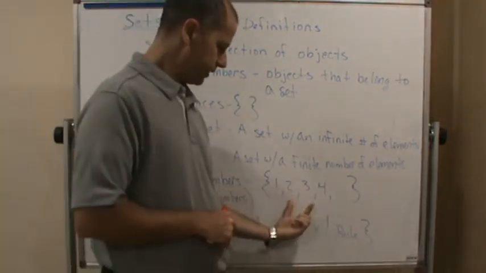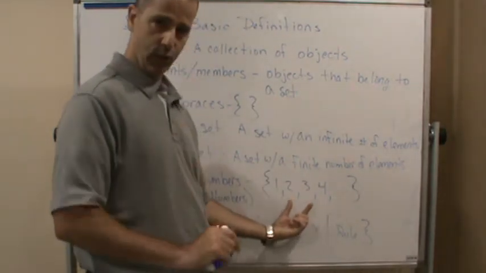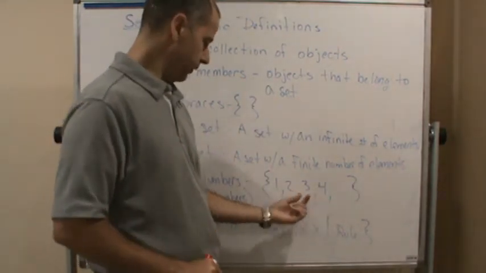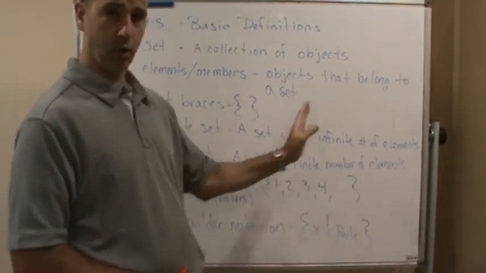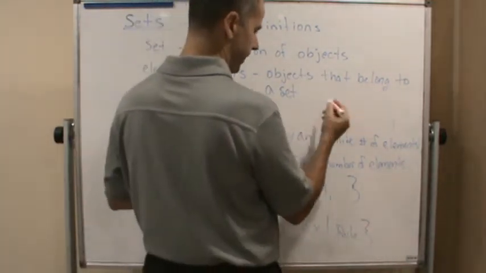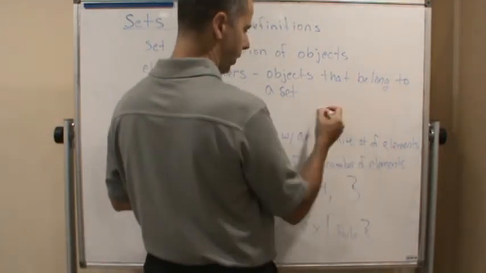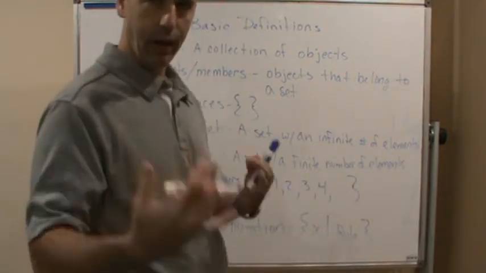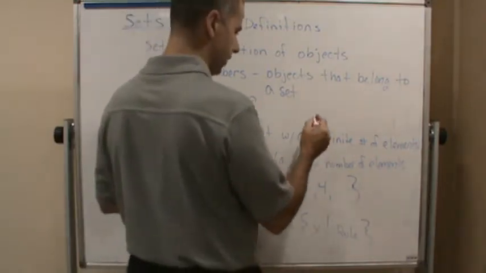Also, if you have an ellipsis in the middle, just incidentally so you guys know, let's say I want to write the numbers 1 to 100. I'm not going to write all the 100 digits.